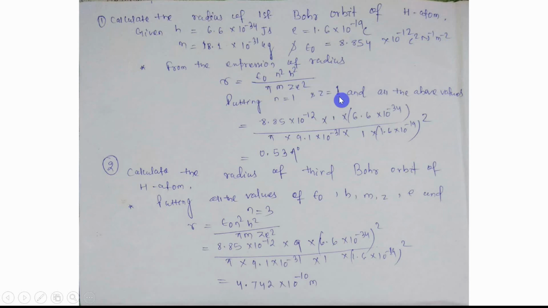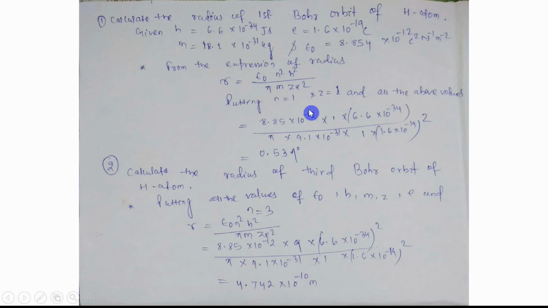Putting all the values here, and n equal to 1, since we have to calculate the radius of the first Bohr orbit, we get 0.53 angstrom. 1 angstrom is equal to 10 to the power minus 10 meter. If you calculate this, you will get it.